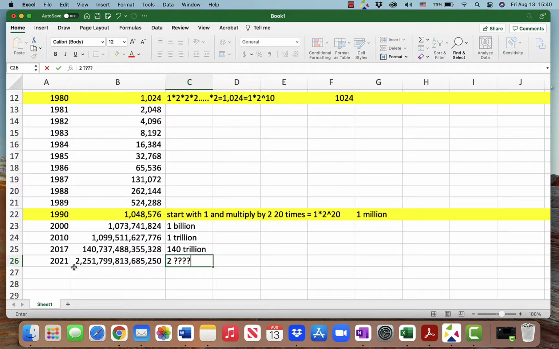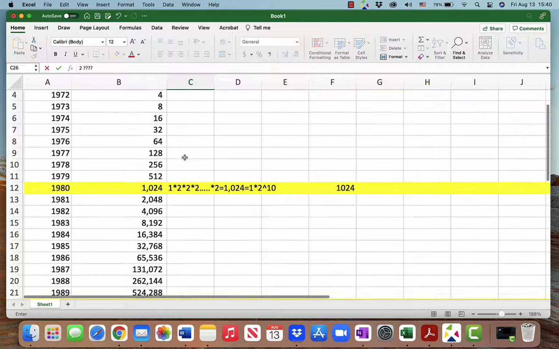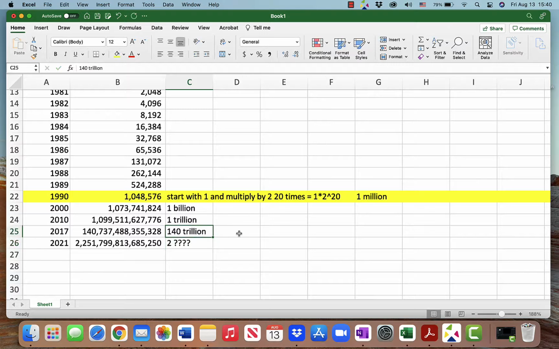Alrighty, but now going back to understanding what happened. The question asks us whether that statement was reasonable. Well, if it were reasonable, then multiplying by 2 would produce numbers that make sense. Having 140 trillion children living in poverty in 2017 cannot be possible.